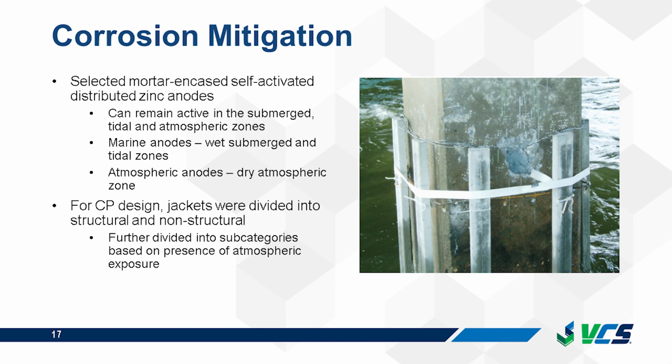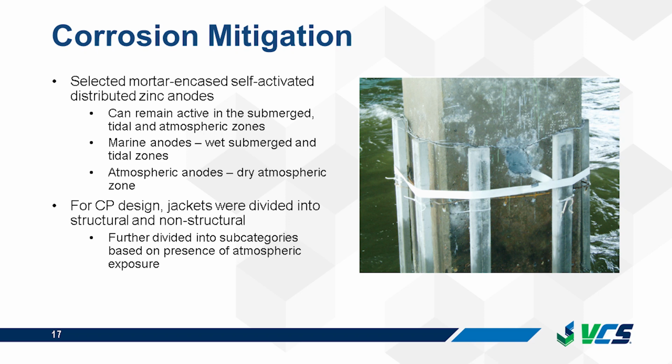We selected the distributed encased anodes because they can remain active in the submerged, tidal, and atmospheric zones. We had to use two different types of distributed anodes: marine anodes that are active in wet environments, so submerged and tidal zones, as well as atmospheric anodes that have a higher amount of activator in the encasing mortar and can remain active in the dry atmospheric zones.